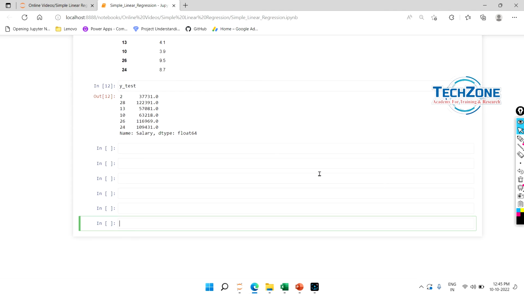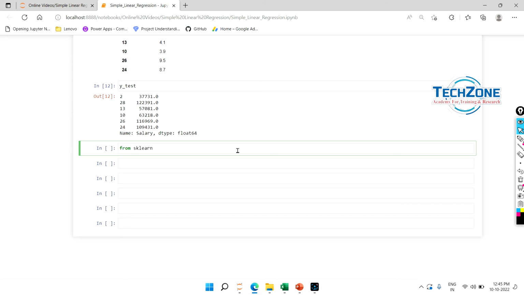What we'll do now is we will initialize our model. We are going to use linear regression, right? So from sklearn.linear_model, we will import LinearRegression. What are we doing?